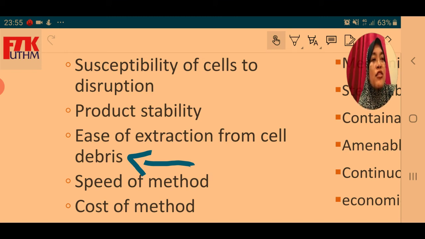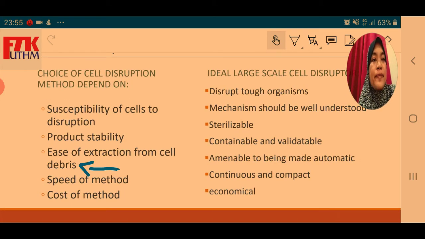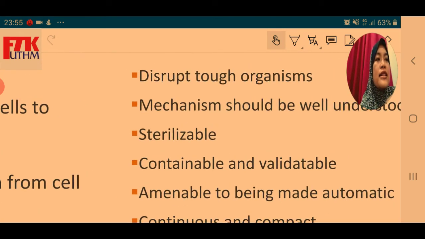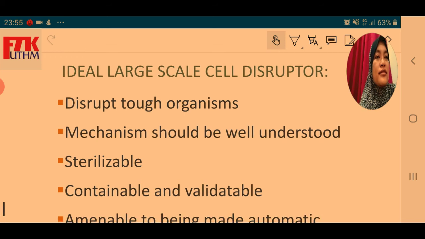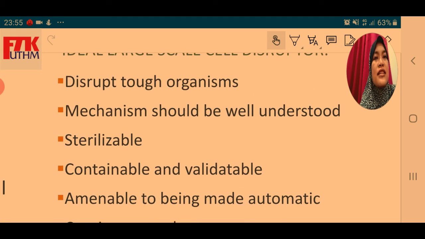The speed and cost will also affect our final choice. So the ideal large-scale disruptor will be able to do all the things listed here.